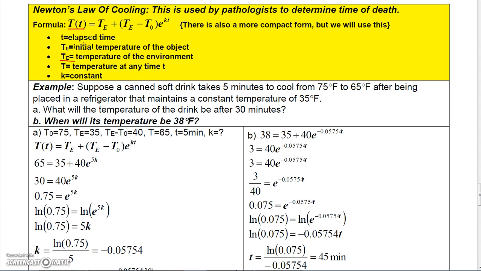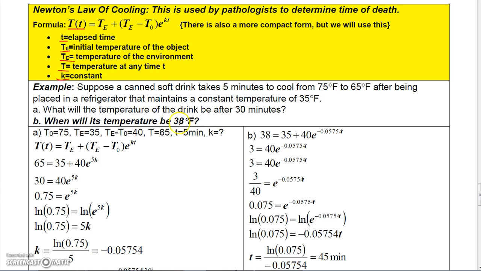And then T naught is the initial temperature of the object, and T is the temperature of the object at any time t, and then K is a constant, and then little t is the elapsed time.